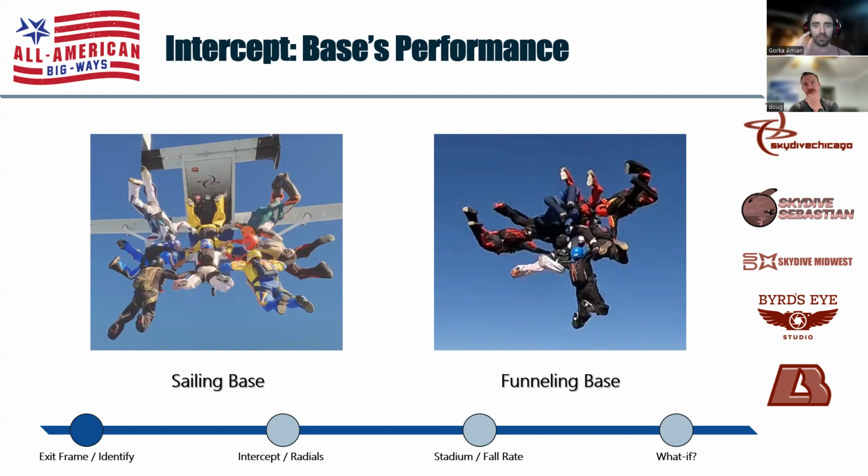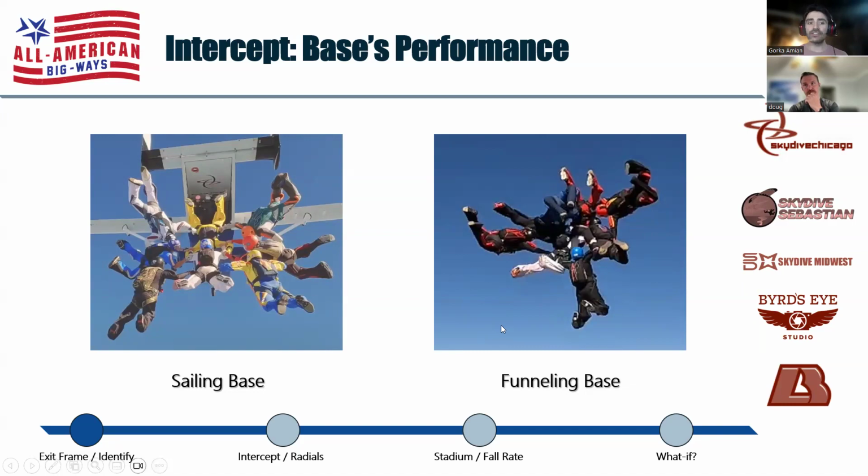And the performance of the base alone will actually have an impact on your launch, on your exit frame. So I wanted to pause there and explain how the performance of the base will affect its fall rate, its direction of travel, and therefore your exit frame.